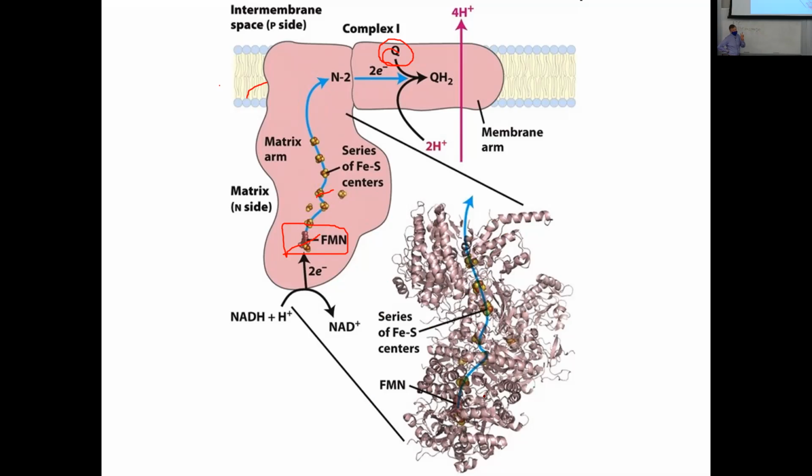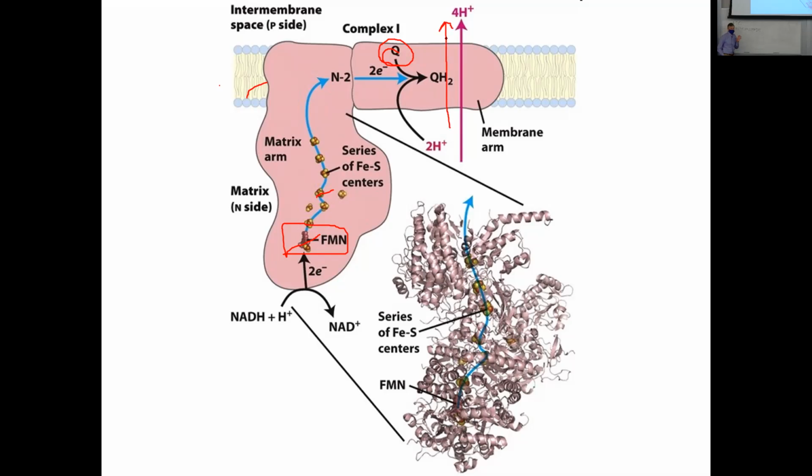For 2 electrons entering, 4 protons are pumped. They're pumped by this complex, and they move from the matrix to the intermembrane space.